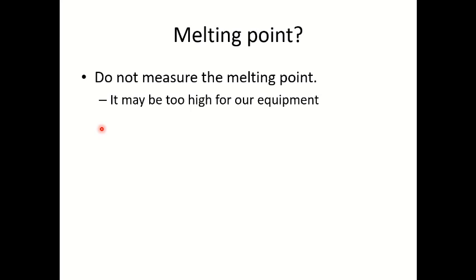Also, you can do measurements in organic chemistry of the melting point, right? In this case, we don't need to make a melting point characterization to determine if we got the product, because it's too high, right?